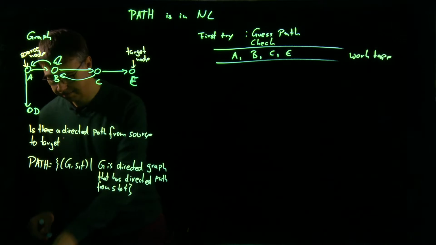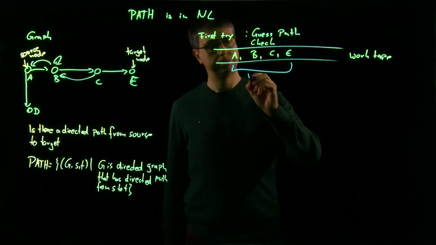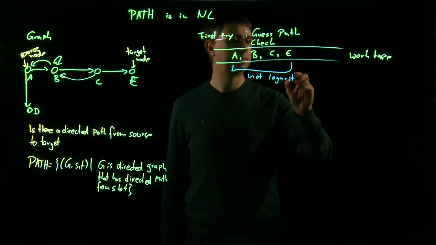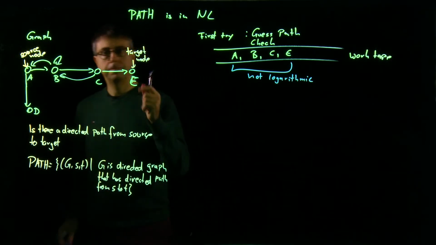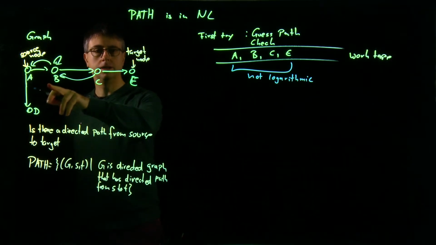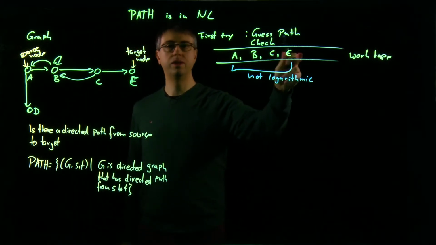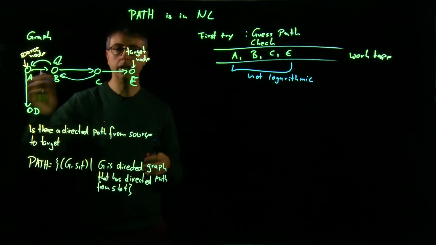Problem here is, this is not logarithmic. Here we have an example in which the path from the source to the target node is more or less, apart from this node D, the whole graph.